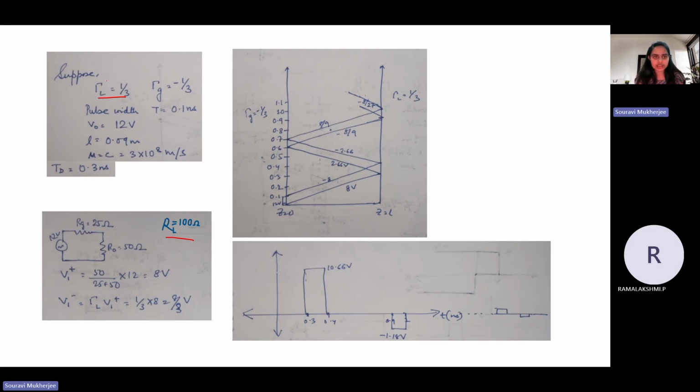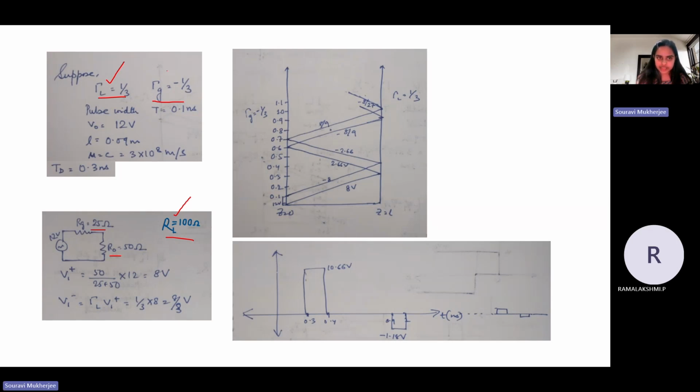So you know the reflection coefficient, you know the load impedance, you can find the characteristic impedance of your transmission line. And then once you know the characteristic impedance and the reflection coefficient at the generator end, you can also find the impedance at the source end, right?